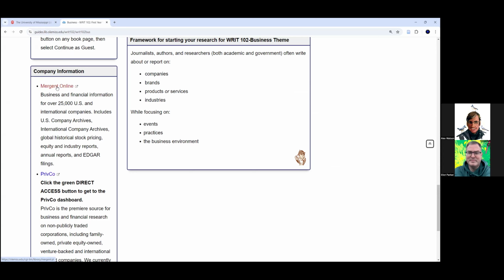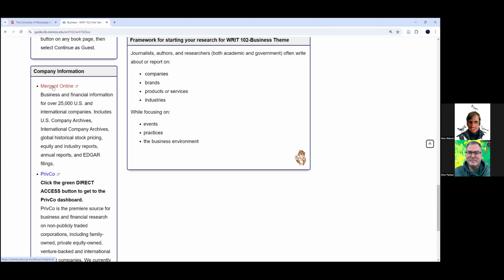Generally speaking, you're going to find more information available on your public companies because they tend to be your larger companies. But a lot of companies are private, and companies do sometimes switch between public and private. Dell Computer would be a good example of that. They were private, they went public, then they went private again.